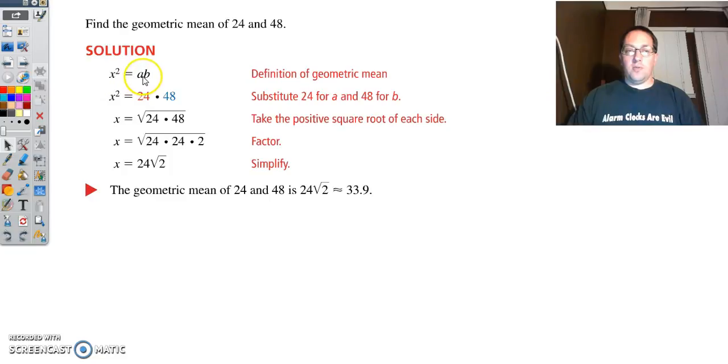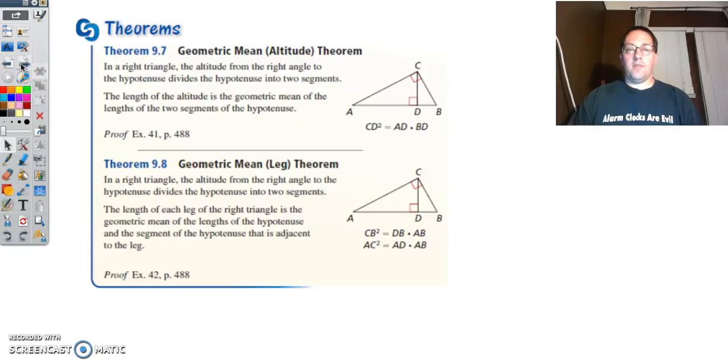X squared equals ab. And I know you're saying, what does that have to do with right triangles? Well, here's what this has to do with right triangles. When we have that altitude drawn from the right angle to the hypotenuse, the altitude is the geometric mean of these two segments that it forms on the hypotenuse.